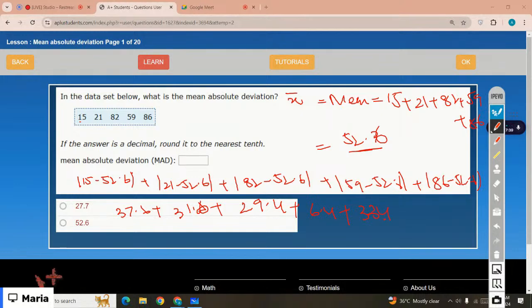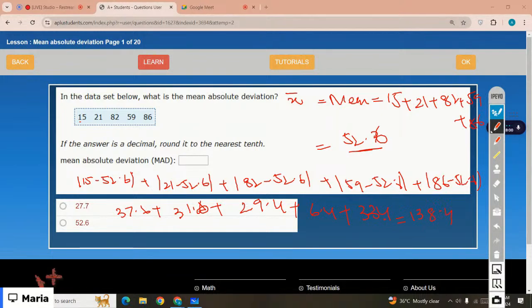So now just add them all, right? That is 0.6 plus 31.6 plus 29.4 plus 6.4 plus 33.4, that is 138.4, divided by the 5.